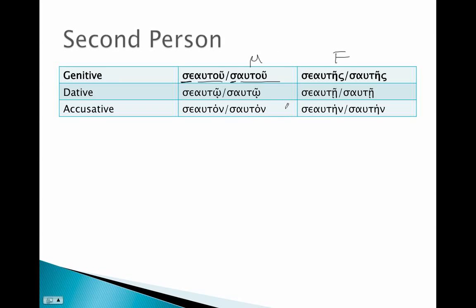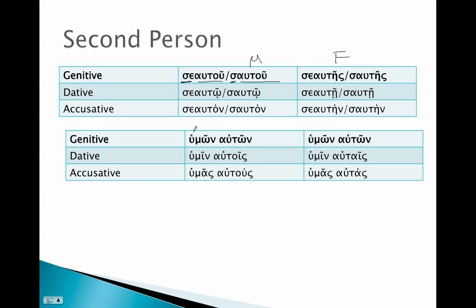So very similar to the first person singular, just instead of m, we're going to add a sigma, epsilon, or just a sigma. And in the plural, we're going to use humōn, our second person plural pronoun, plus the intensifier autōn, autois, autous. Same, we've got a masculine and a feminine, because presumably when we're talking about you, that's going to be a gendered person.